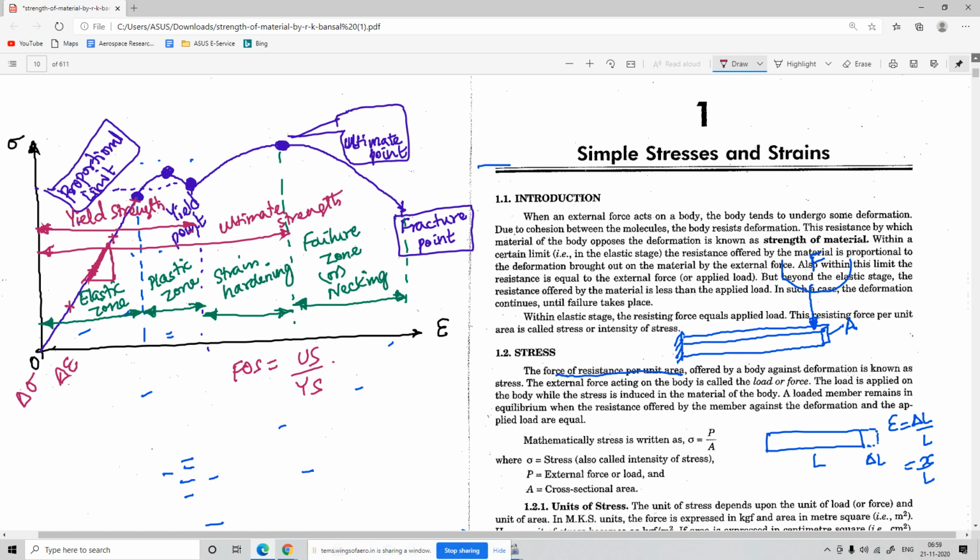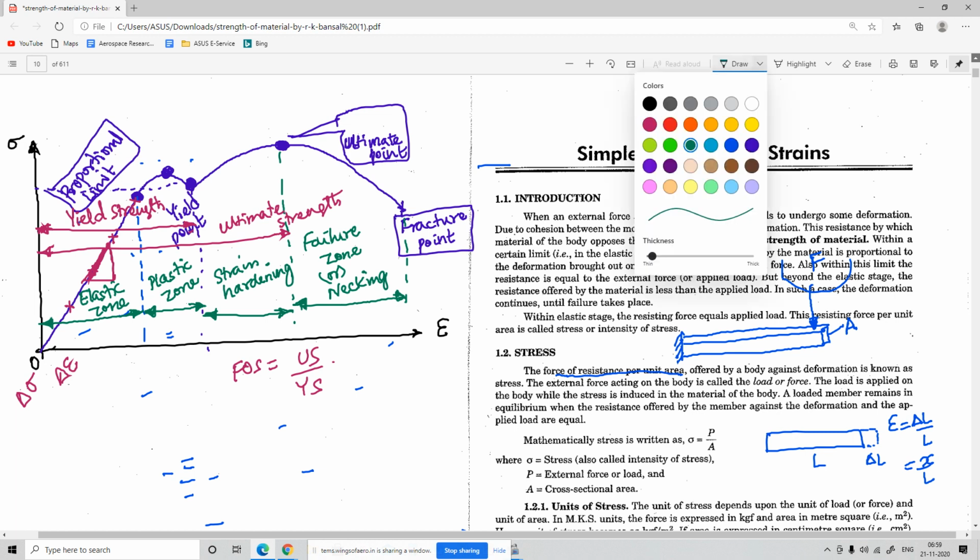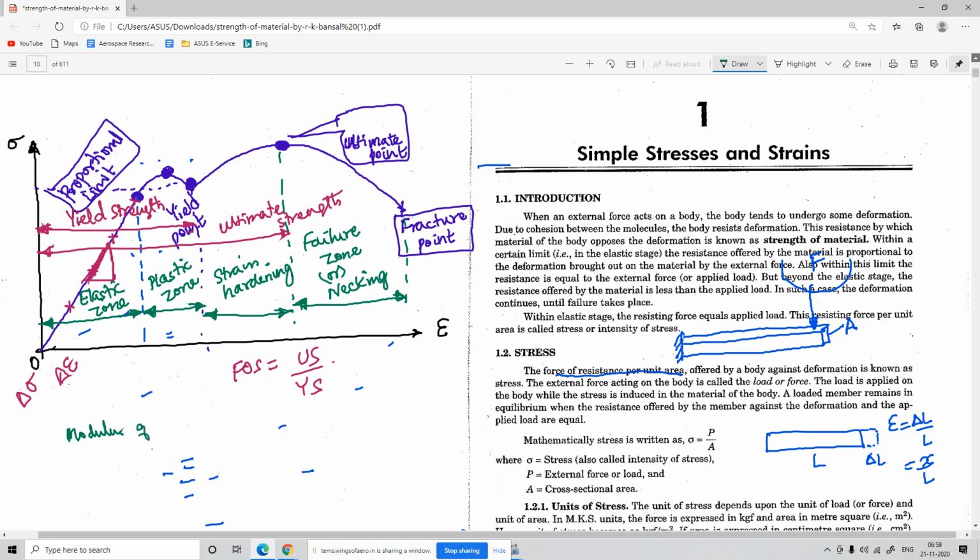Modulus of resilience shows how much elastic energy has been absorbed by the material, the maximum amount of energy absorbed. It can be found using half sigma E. That is the formula, half sigma E.